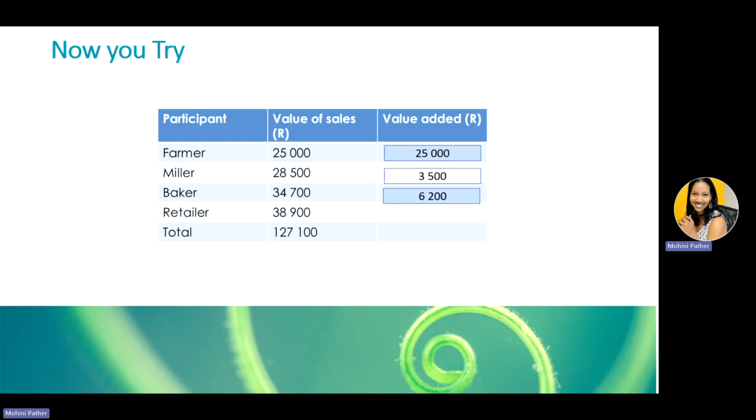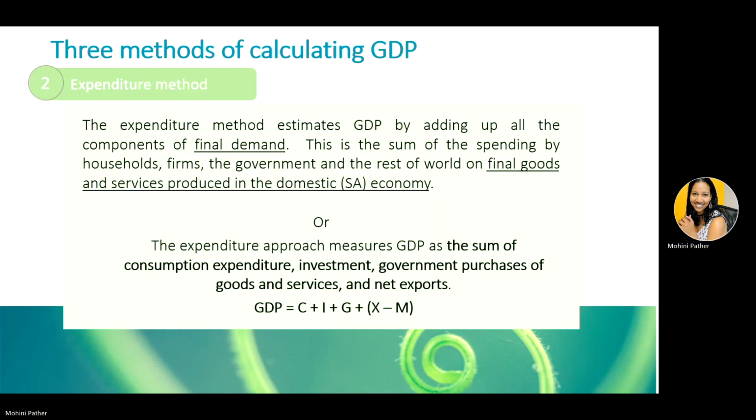Do you know the next one? 4,200. Very good. Now, if we add it up, we can see that our GDP's accurate reflection is actually 38,900. But if we had just simply added up the value of the sales using intermediate products as well, we would have encountered 4 times the value due to double counting.